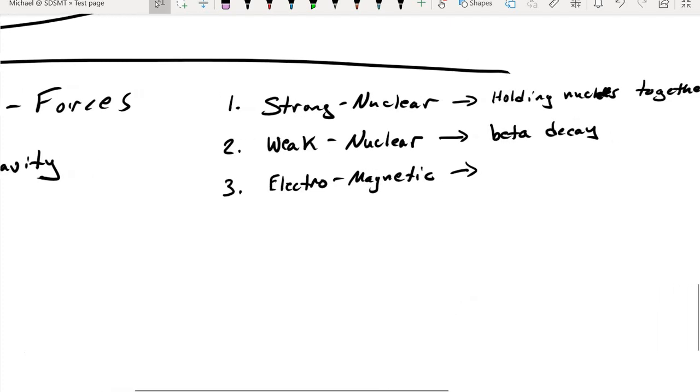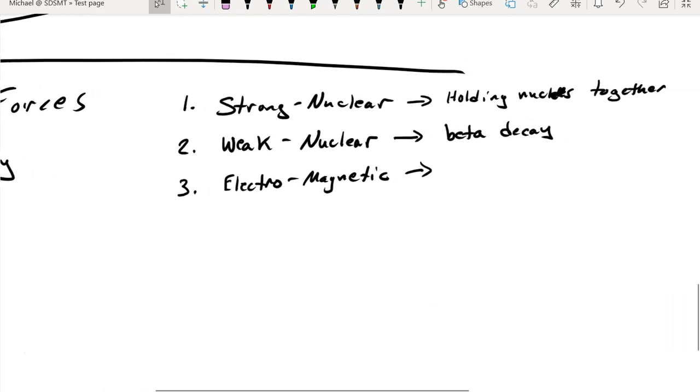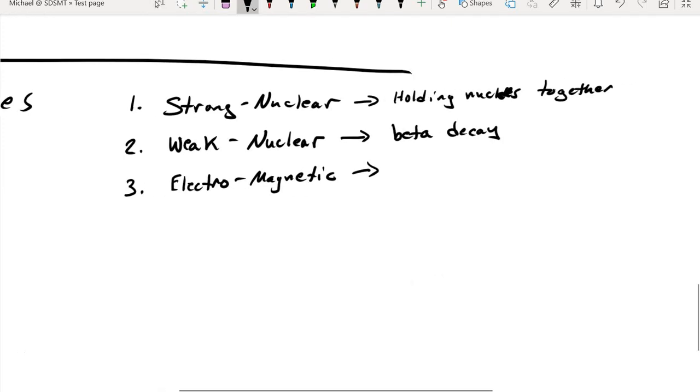But the electromagnetic force, as I mentioned before, these are basically 2 sides of the same coin. And these forces relate primarily to the charge of the particle.